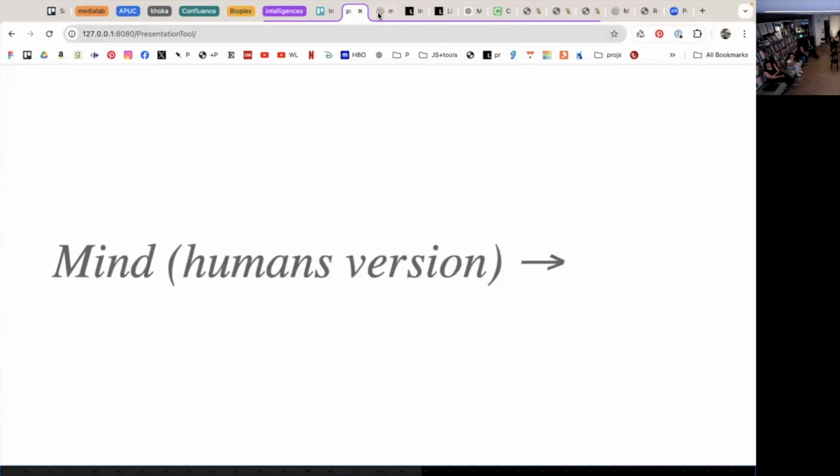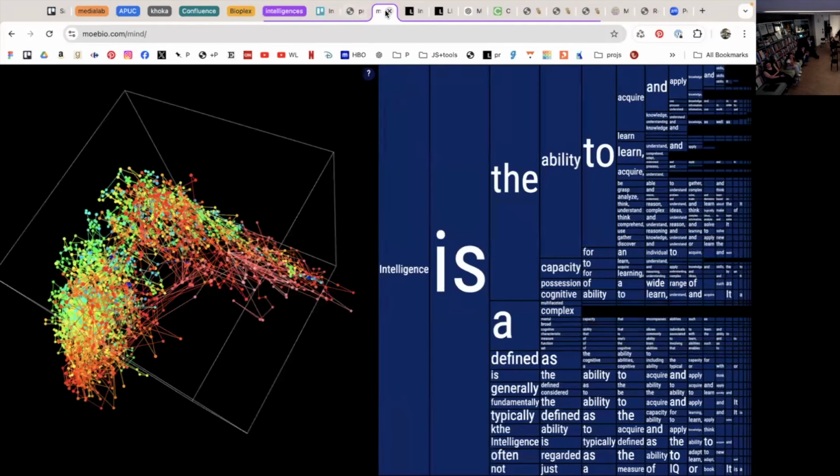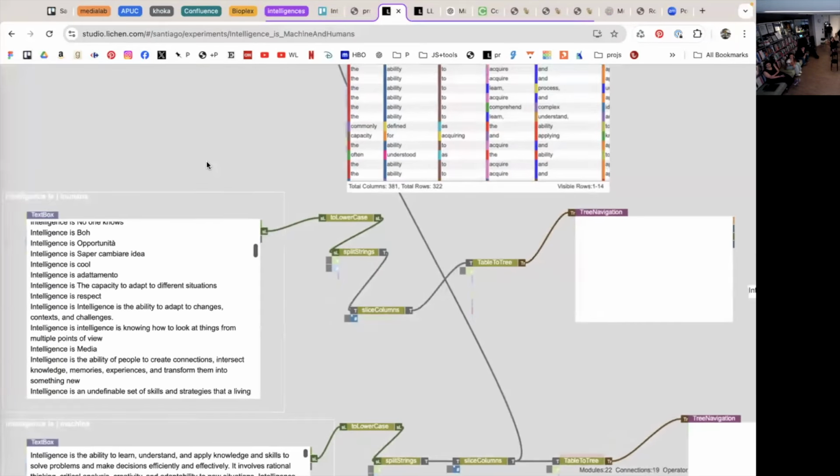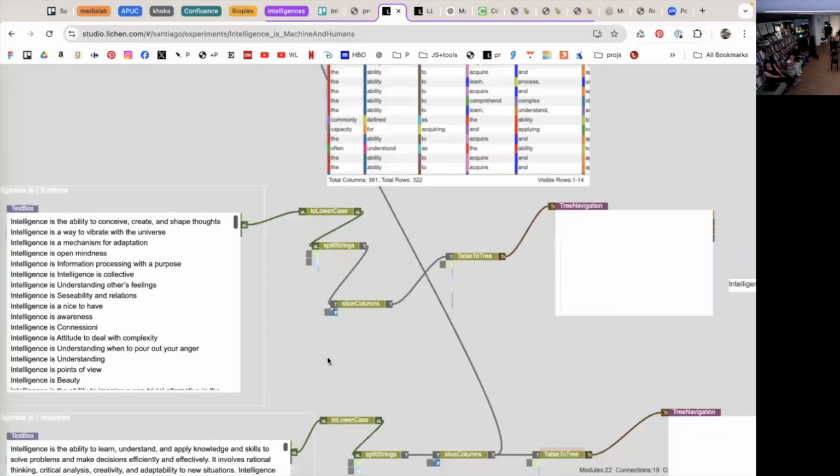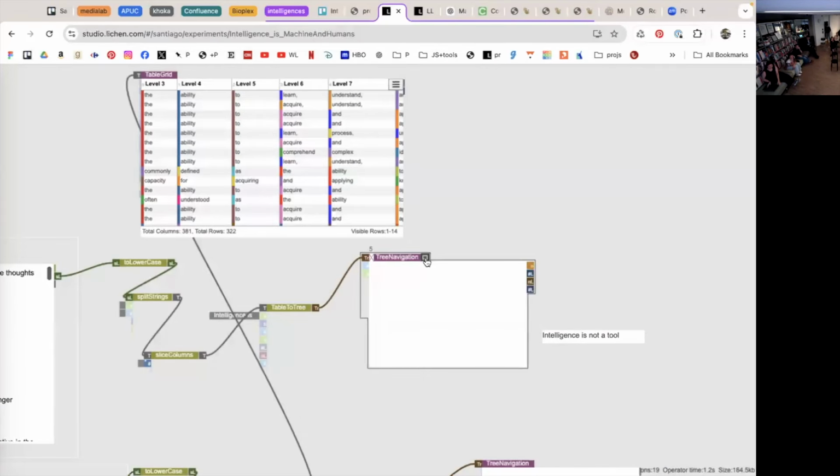But before that, I also sent a survey to humans, asking the same thing, to complete intelligence, to see what will be the difference, if I can understand or see something about it. And I did exactly the same thing and visualized it essentially in the same way.